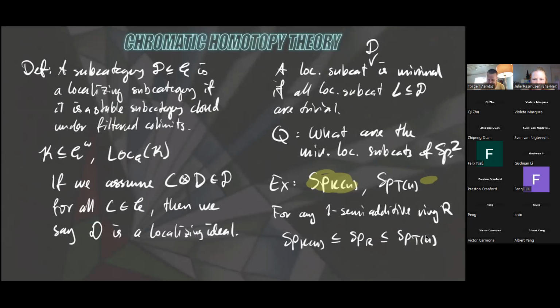I'm gonna think about it, but in a certain sense, these T-n local ones are also minimal. But maybe how I've phrased it, they're not minimal in the correct sense, because the K-n local ones are certainly the minimal ones if you think about localizing subcategories in terms of thick subcategories, because these are slightly easier to do. And then we have a very nice thick subcategory theorem that tells us that K-n local spectra are all the thick ones if you only care about finite spectra.